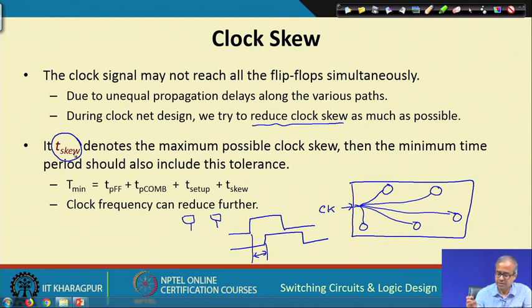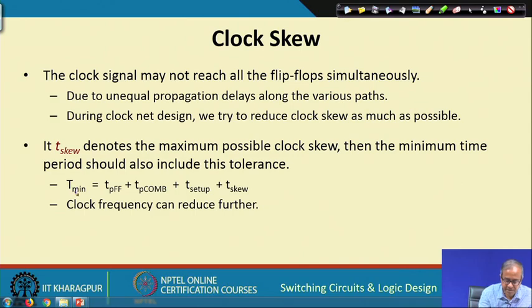Okay. So, if we also consider clock skew, then the calculation of the minimum time period for the clock would be a little different. As we had seen earlier, for the T min calculation, we have to calculate the delay of the flip flop, the delay of the combinational part, that means the 3 NAND gates in the previous example, and of course, the setup time. In this case, in addition, we also have to add clock skew.